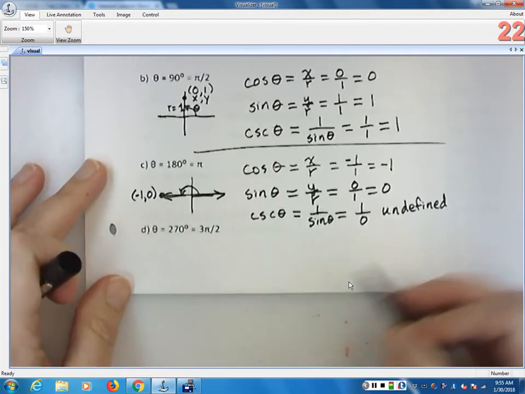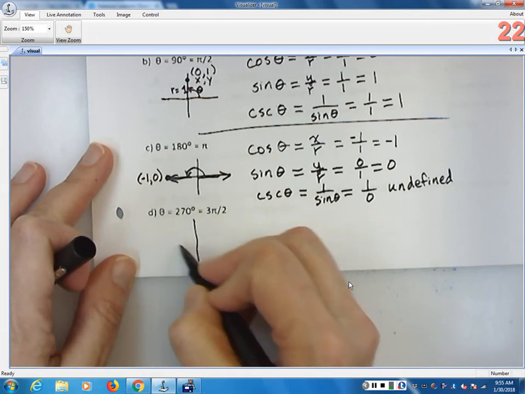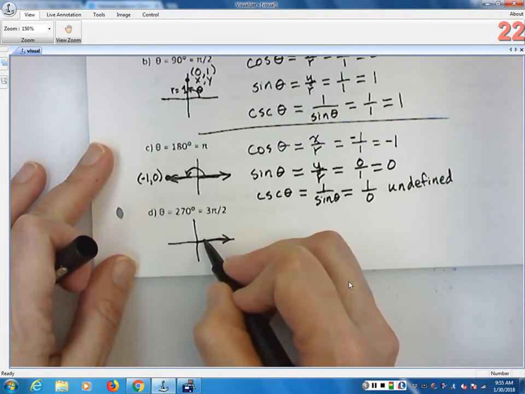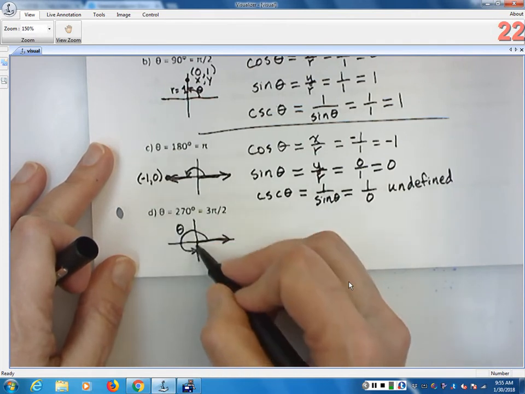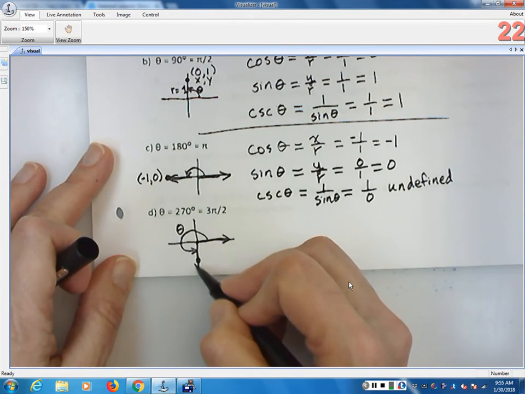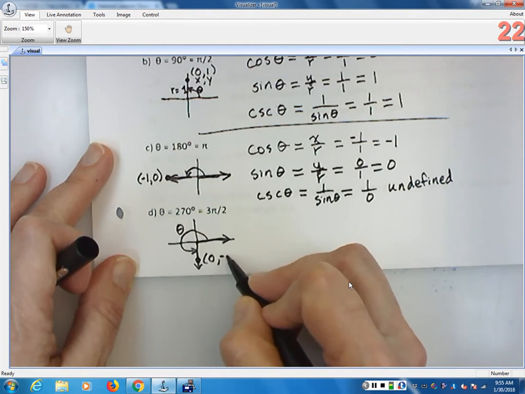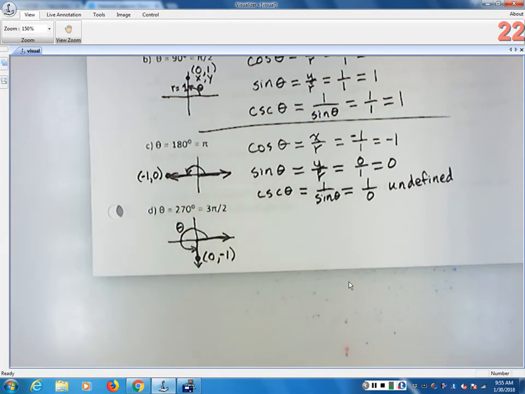And then the last one: you start in standard position, here's your initial side. We're going to go to 270, theta is here. This point is going to be (0, -1).